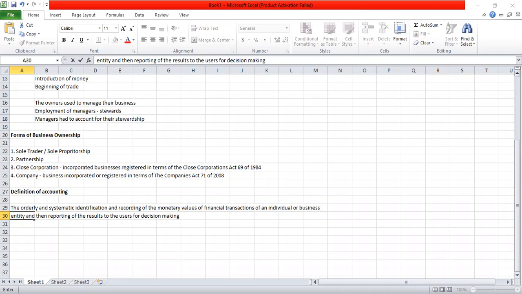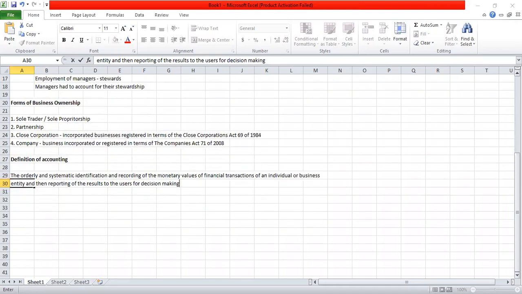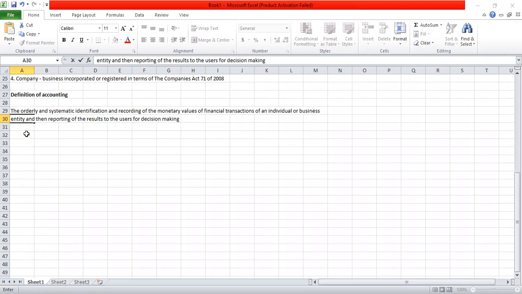So actually, accounting is identifying all those things that are evidence of financial activity of a business. After identifying them, we then have to record them. After recording them, we have to report. So actually, it's a 3-stage process. Number 1, there is what we call identification.